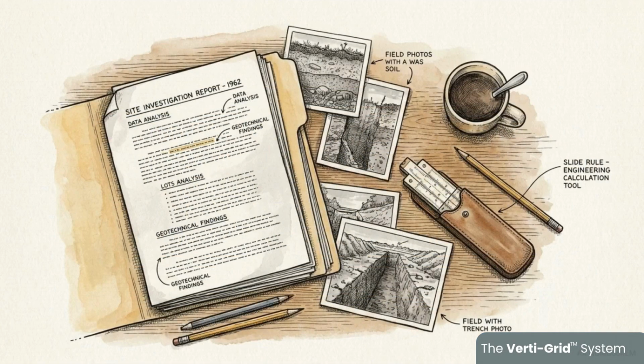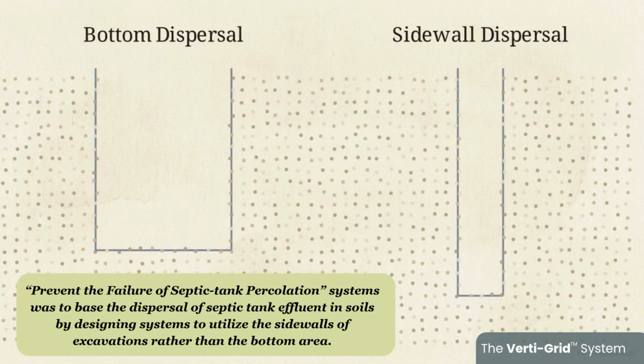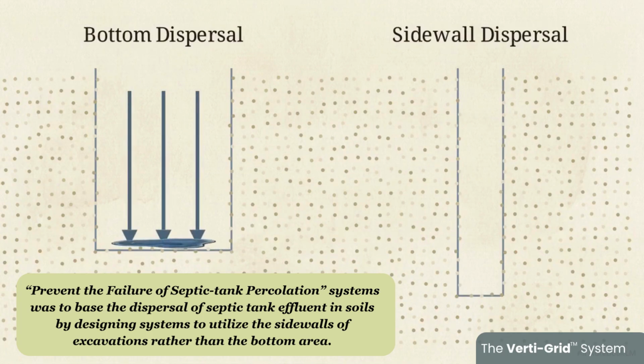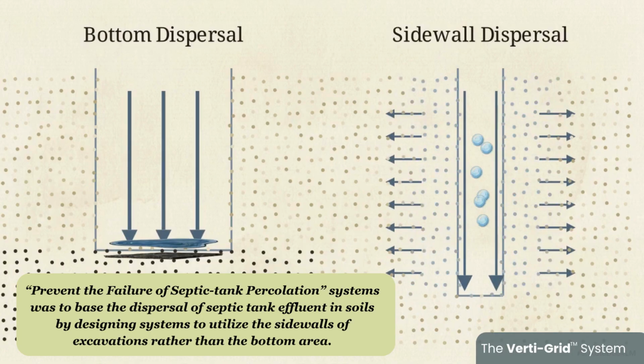In the 1960s, extensive research done at the University of California, Berkeley, demonstrated and concluded that the way to prevent the failure of septic tank percolation systems was to base the dispersal of septic tank effluent in soils by designing systems to utilize the sidewalls of excavations rather than the bottom area.